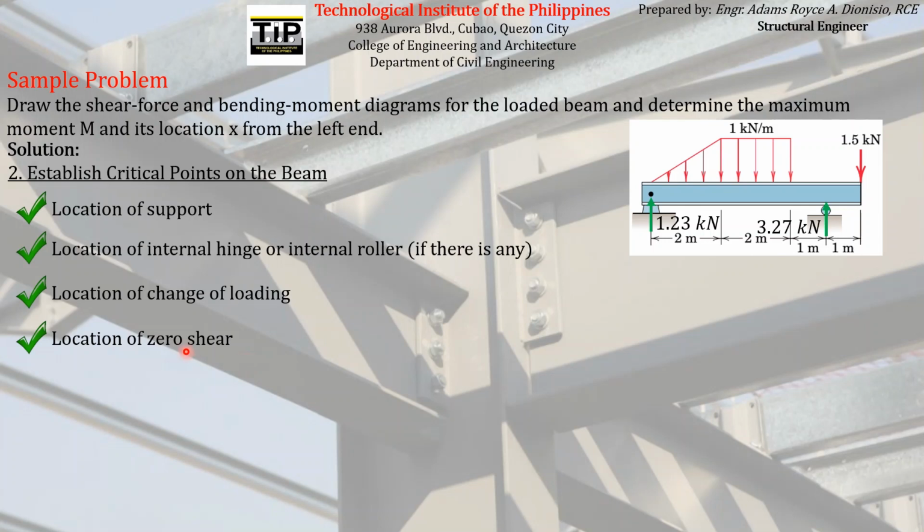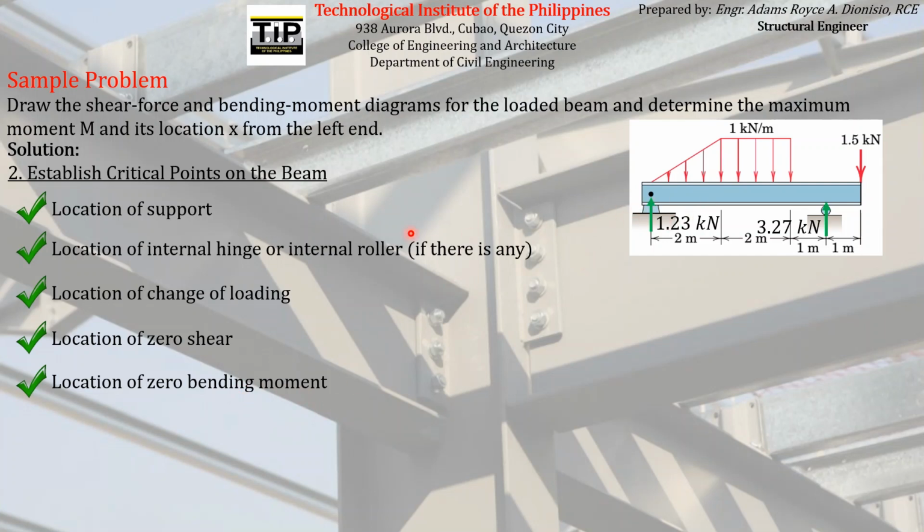So later on, we can establish the location of zero shear as we go on with our procedure. And lastly, the location of zero bending moment can be assumed as a critical point. And then again, we cannot establish that point at this moment because we neither have the shear diagram nor the bending moment diagram.